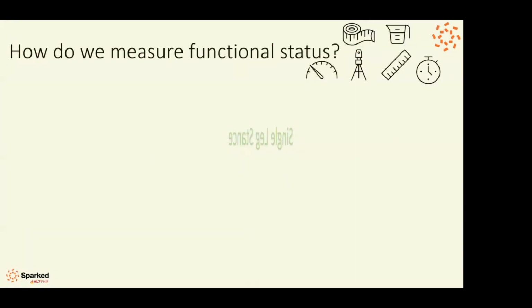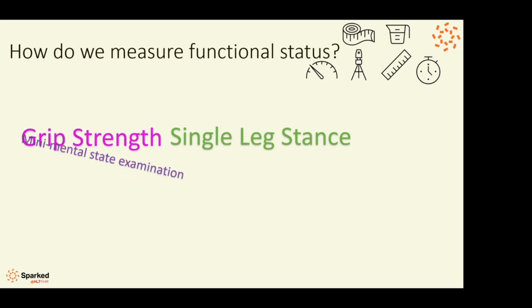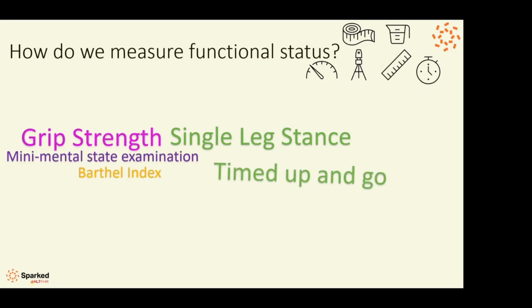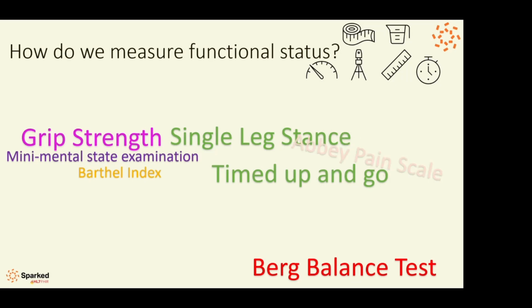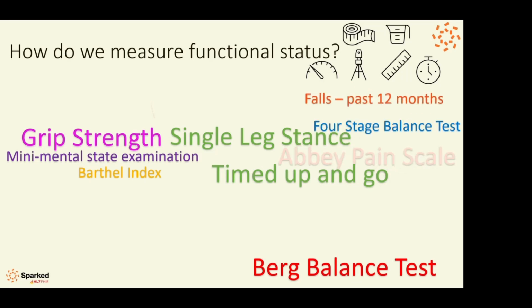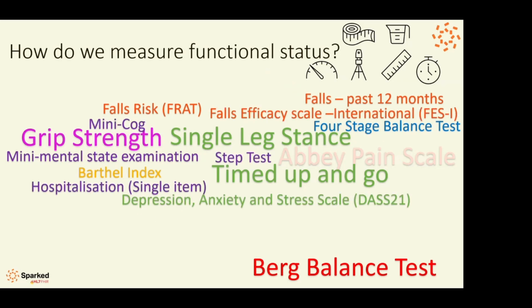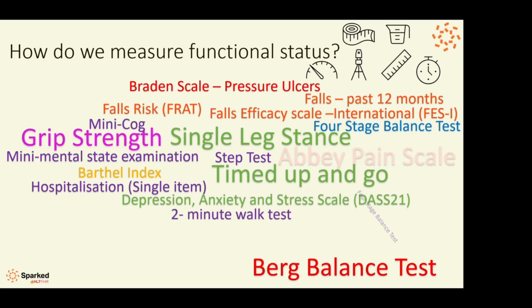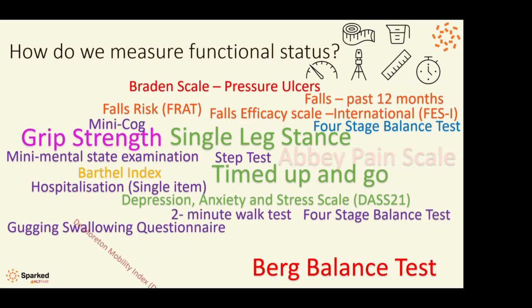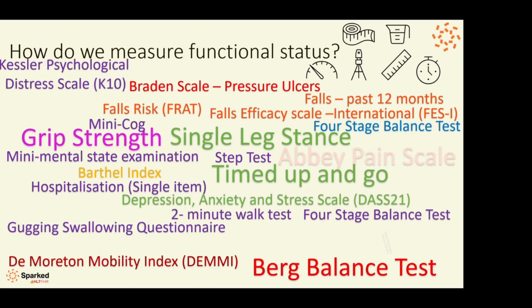And then, as I mentioned before, there are numerous ways of us trying to understand how we measure functioning status. We have all of these different tools that exist across the world, basically, and we're trying to bring them together to understand, are they actually measuring independence?